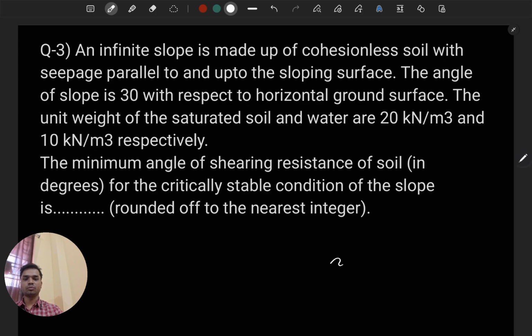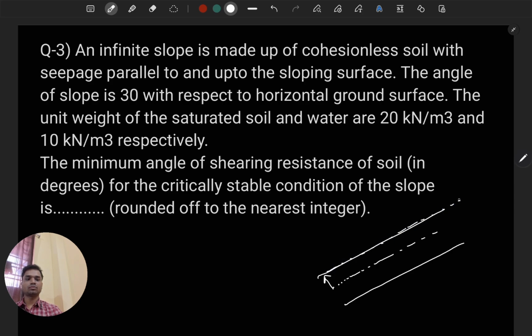This means the seepage is parallel to the sloping surface and up to the sloping surface.